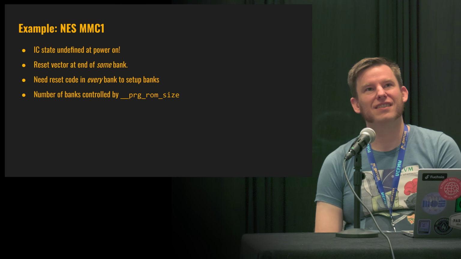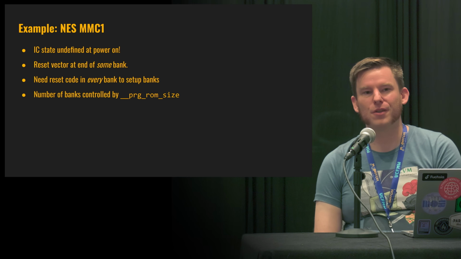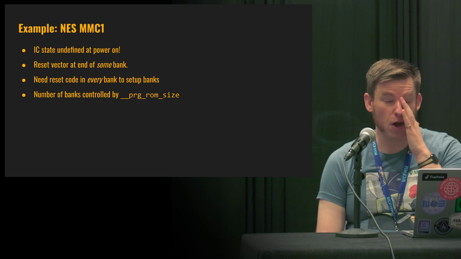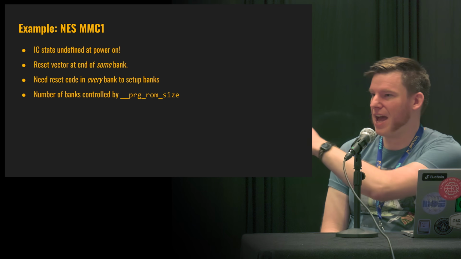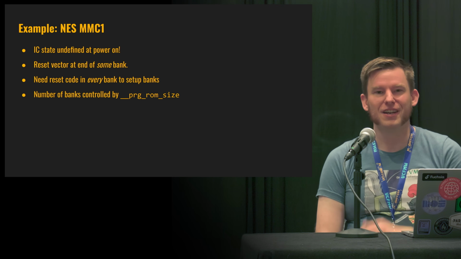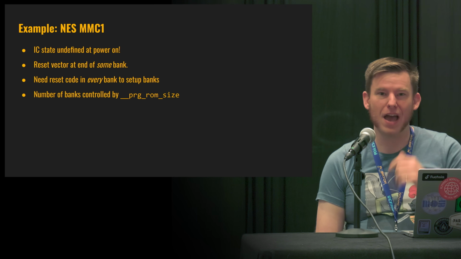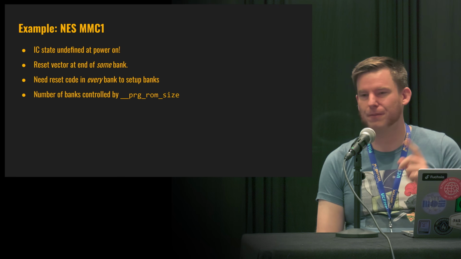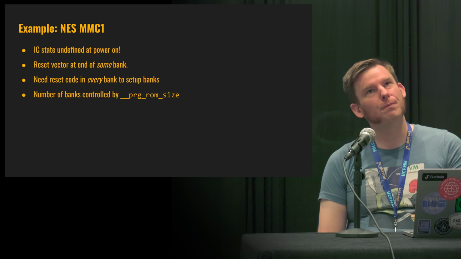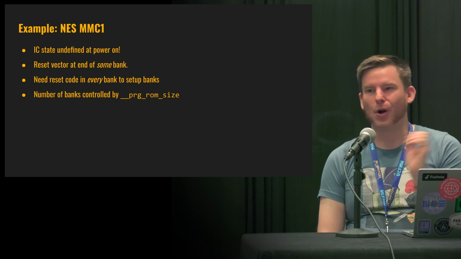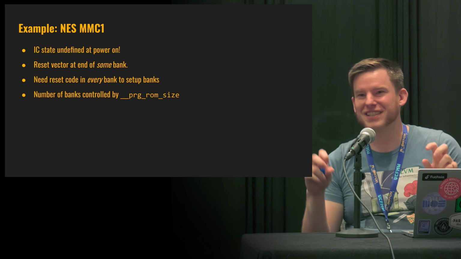Sorry, wherever the reset vector is. You know that it's going to go to the end of one of the banks. So you need to put reset code in every bank, the same reset code, to set up this chip and get it into a sane, consistent state. And there were kind of a few blessed ways to do this. One of them famously was pulled by NES developers from the Barbie game, and so it was called the Barbie reset.